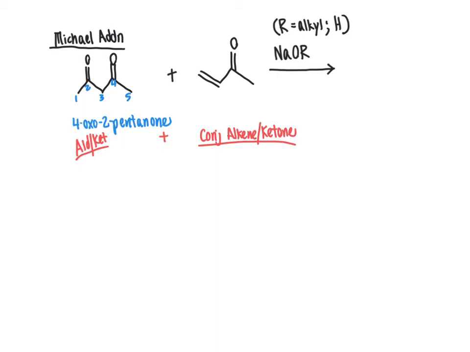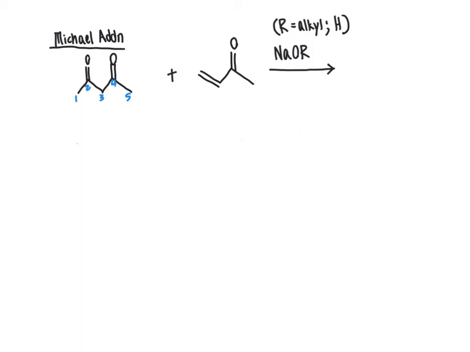And so what's going to happen in this reaction in the first step is that since we have a base reacting with a molecule that has sp3 alpha proton or protons, we are going to use that base to remove a proton from that position. This is completely in alignment with the Claisen condensations and the aldol reactions that we looked at in earlier videos.